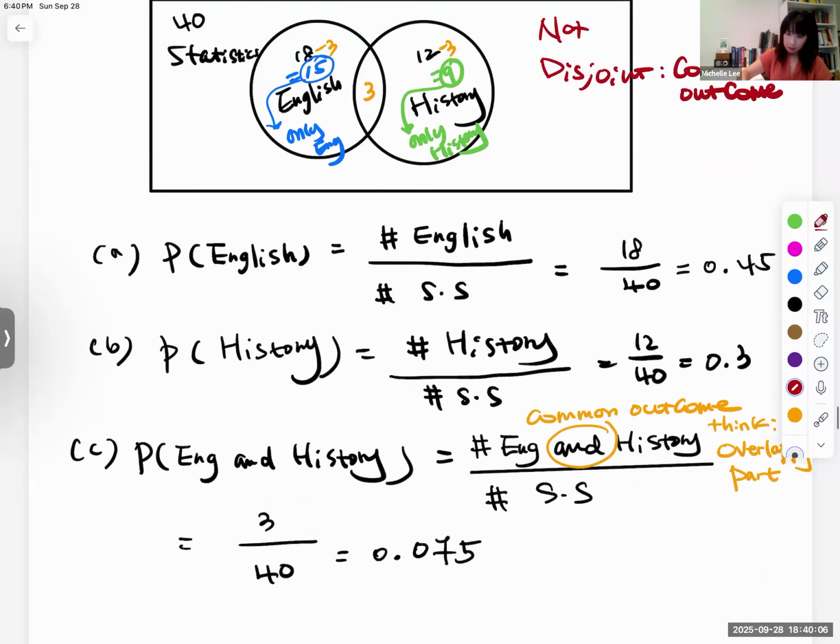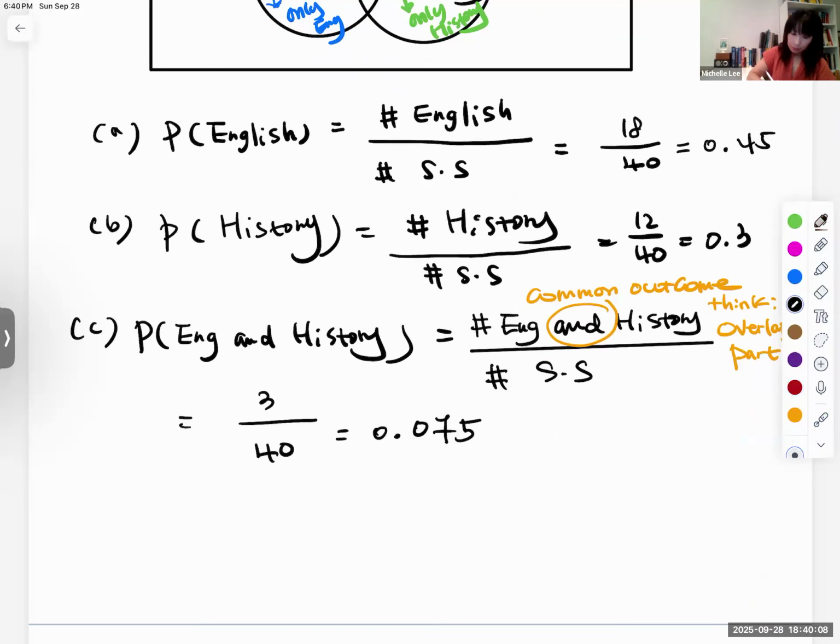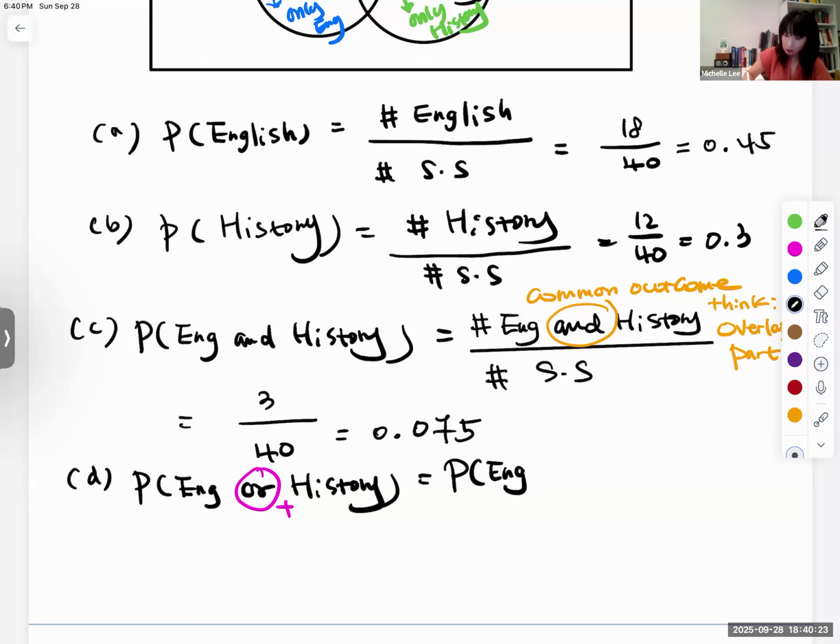Okay, so let's do that. English or history. So we have or addition. So that will be probability of English plus probability of history.